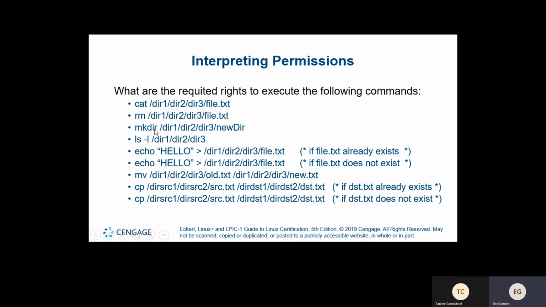Let's say this time I want to run the mkdir command: mkdir d1/d2/d3/newdir. I'm creating a new directory, which is called newdir, and it's a subdirectory of directory 3. So what rights do I need over directory 1, directory 2, and directory 3 to make newdir?